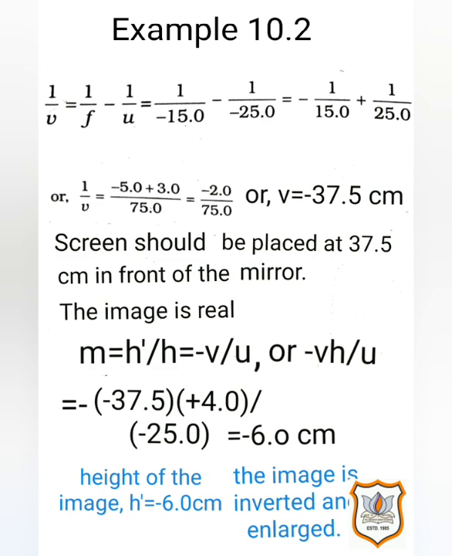So on solving, minus of minus 37.5 into 4 will be equal to minus of minus 150 divided by minus 25. And minus 150 upon minus 25 will be 6, and hence minus 6.0 will be our h dash, and hence the image is inverted and enlarged.